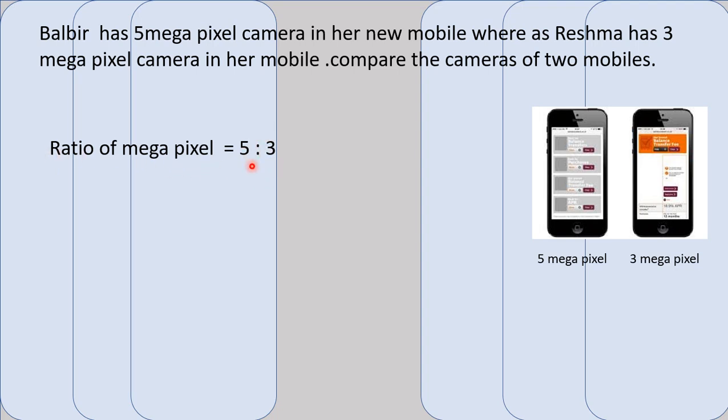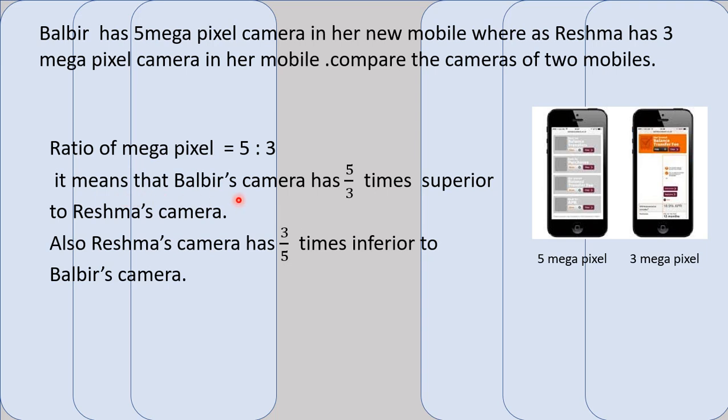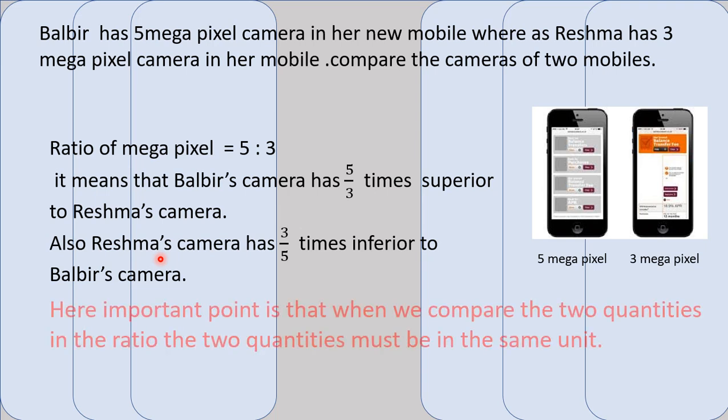This sign, the two dots, shows the ratio, which is the comparison between the cameras for megapixels. So we can say that Balbir's camera is 5/3 times superior to Reshma's camera. Also, in other words, Reshma's camera is 3/5 times inferior to Balbir's camera.